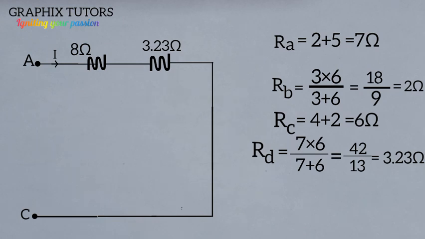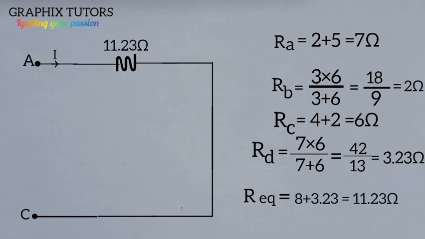So our R equivalent will now be the addition of both of them. Why am I using R equivalent or R total? Because this is the final part, there is no other resistor again. So my R equivalent will now be 8 plus 3.23, and this will give us 11.23 ohms. So this is our equivalent resistance of this circuit.